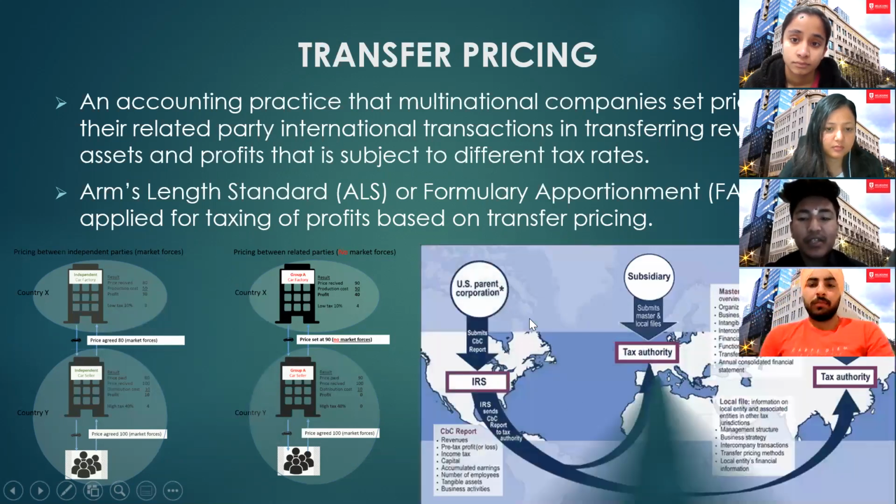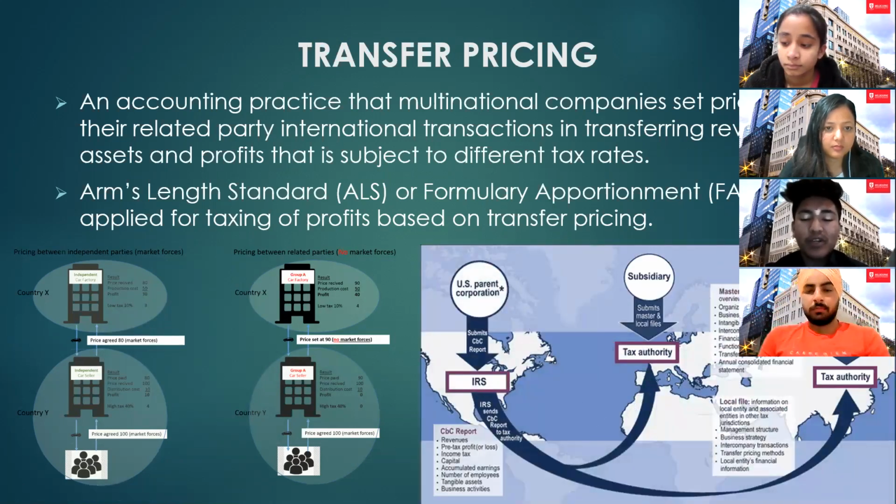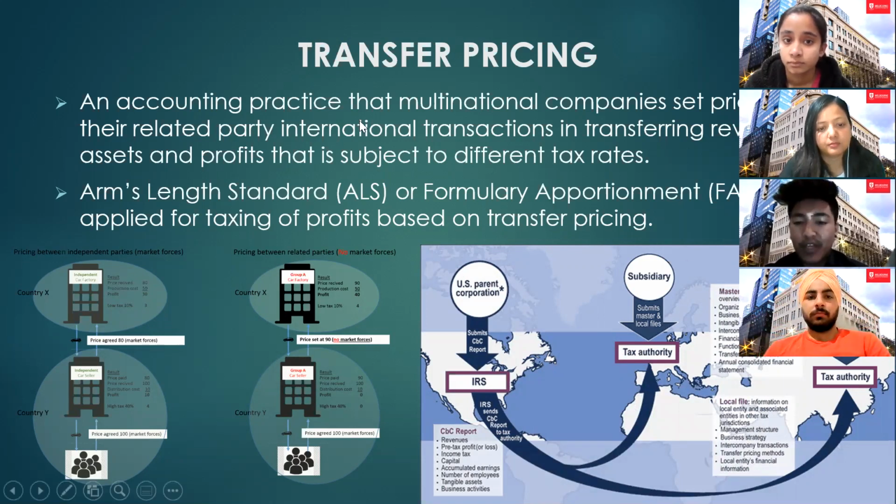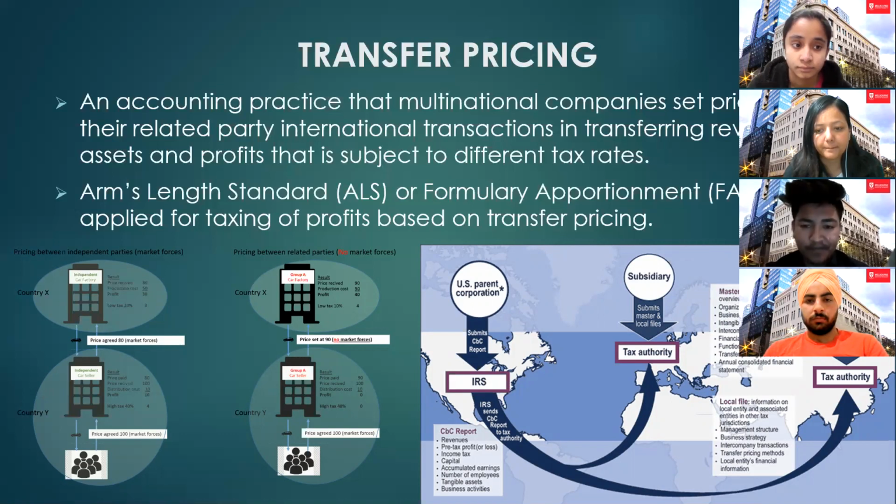Likewise, the second figure shows multinational companies sharing transfer price information like revenues, income tax, capital, tangible assets, etc., through a country-by-country report for tax purposes to the tax authorities, where the subsidiary is required to submit the master and local files for the tax authorities.